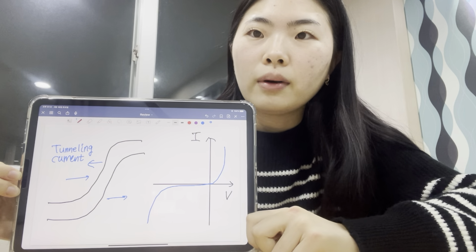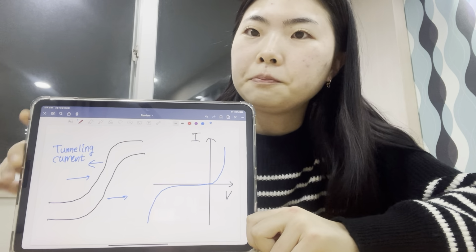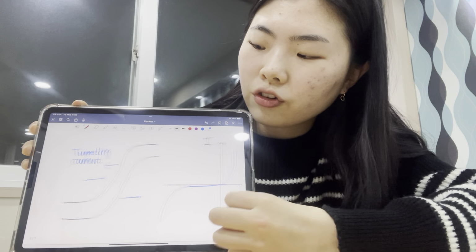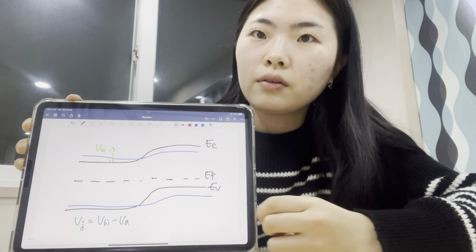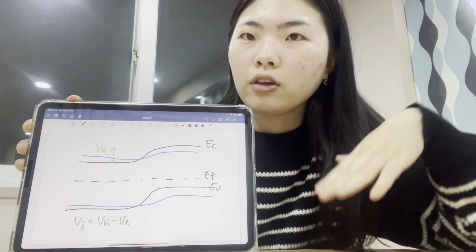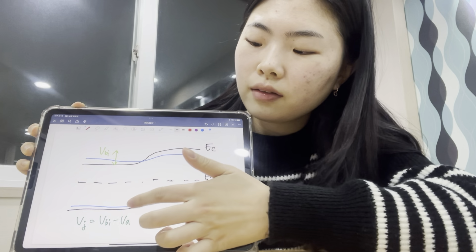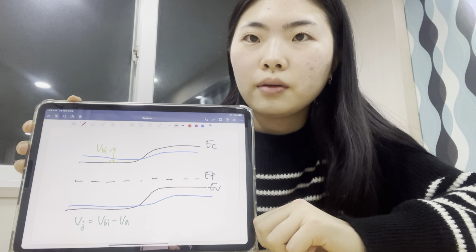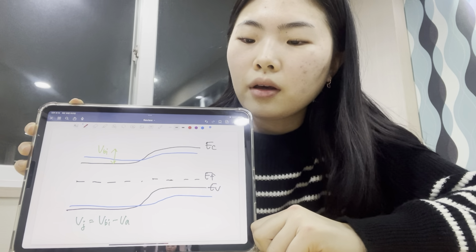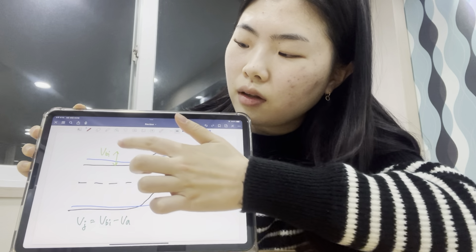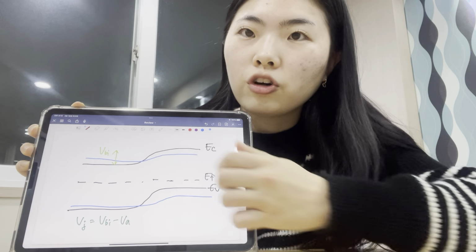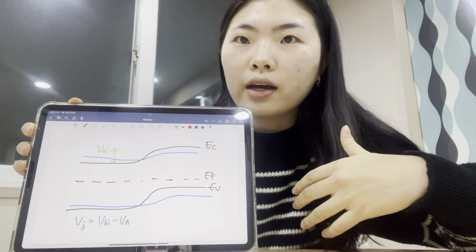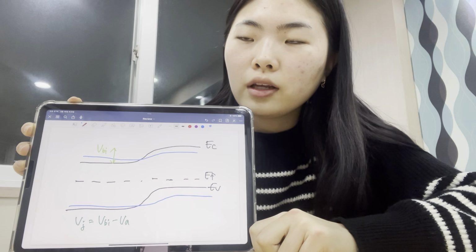Then let's talk about the tunneling current. Actually, if we apply a very high voltage, this curve will be different than before, because the built-in potential, equal to the junction potential, is affected by the applied voltage.